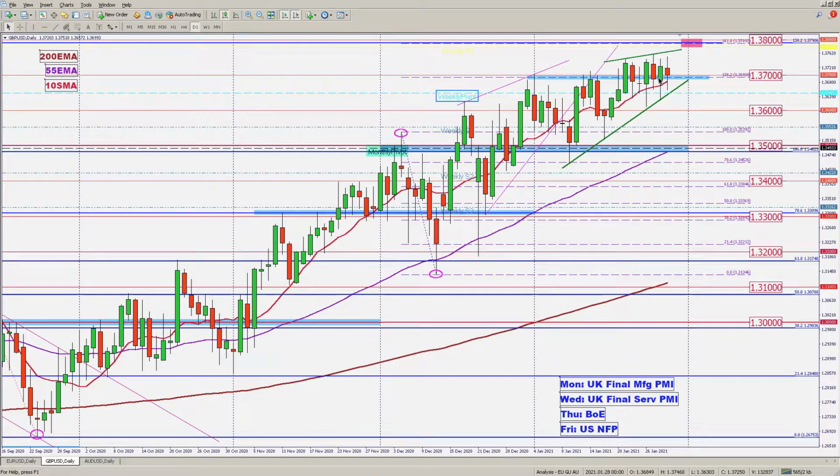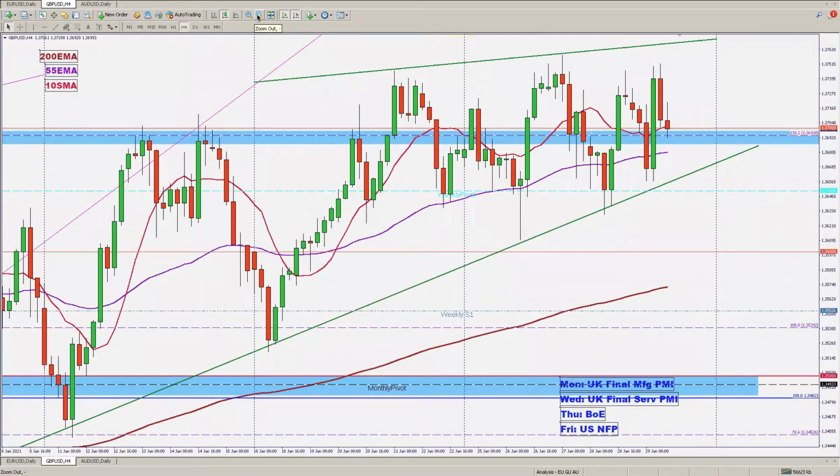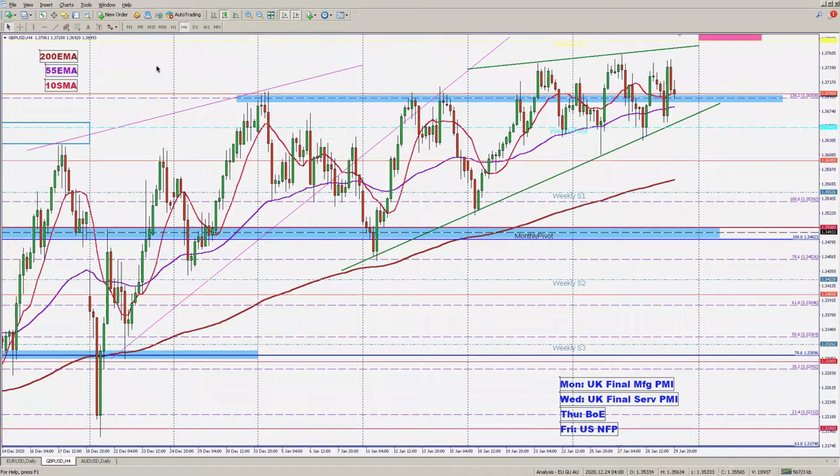So in order to trade this in the range, and if you see this respecting the trend lines, you can take a look at the 4-hour time frame.